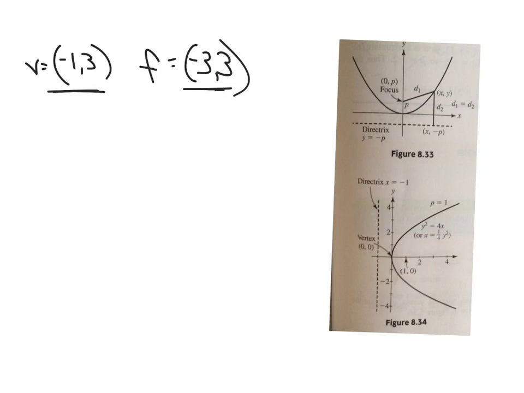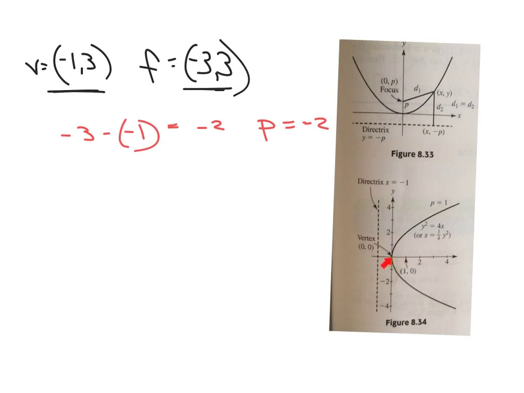So again, the distance from the vertex to the focus is going to be -3 minus -1. So that's going to be -3 plus 1 is -2. Okay, so my P is -2. Now, how did I get this? Well, because this is a horizontal, like this, I'm interested in the distance of the x value from the focus to the vertex.